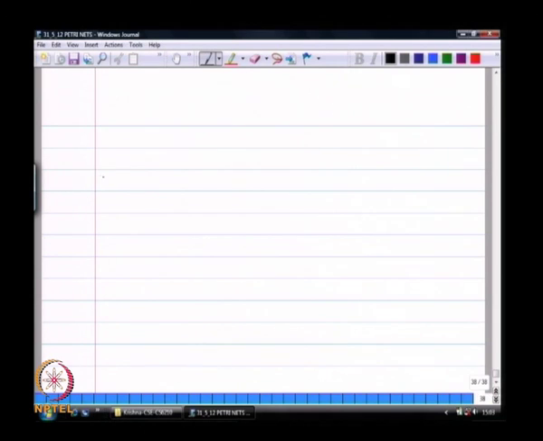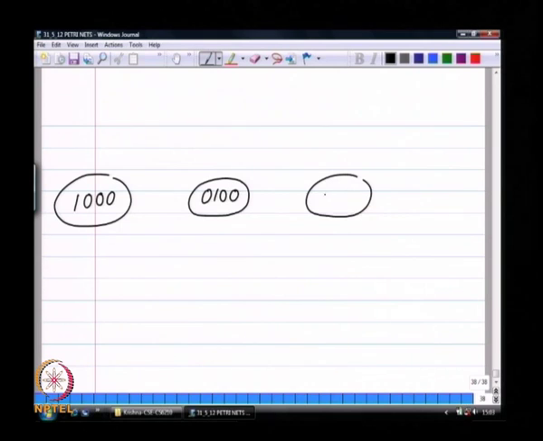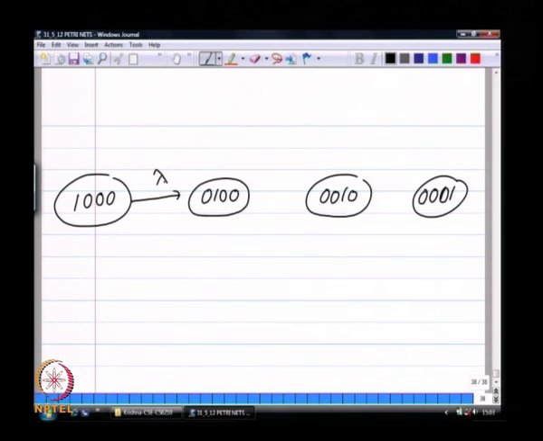Just like before, this is repetitive of what we have done earlier. 1000 represents the state where the token is in P1, 0100 where it is in P2, and so on, P3 and P4. Here is lambda.